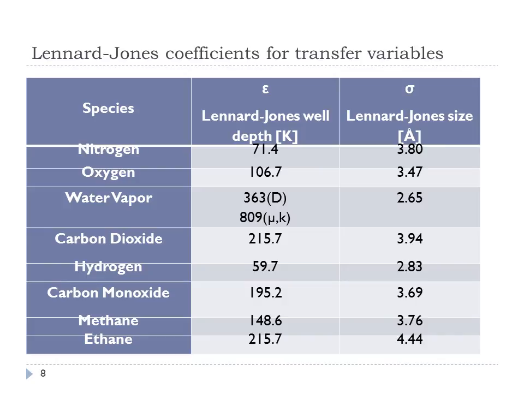I want to point out here the Lennard-Jones depth is largest for water vapor. And as I mentioned in the previous course, water vapor is the only one that I'm aware of with a different epsilon depending on whether you're calculating diffusivities or viscosities. Remember, thermal conductivity was calculated from the viscosity.